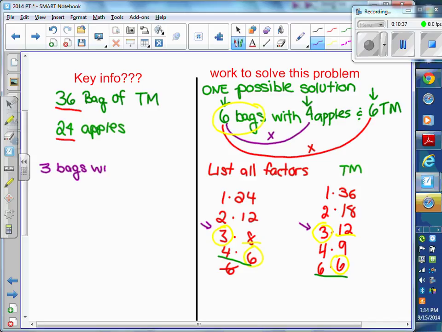But then it would have to have, Bella, what would it have to have if you had 3 bags? What was your idea? How many apples? 8. Where is she getting that from? Sean, where's she getting it from? Because 3 times 8 makes 24. She's getting it from the factor pair. 8 apples.